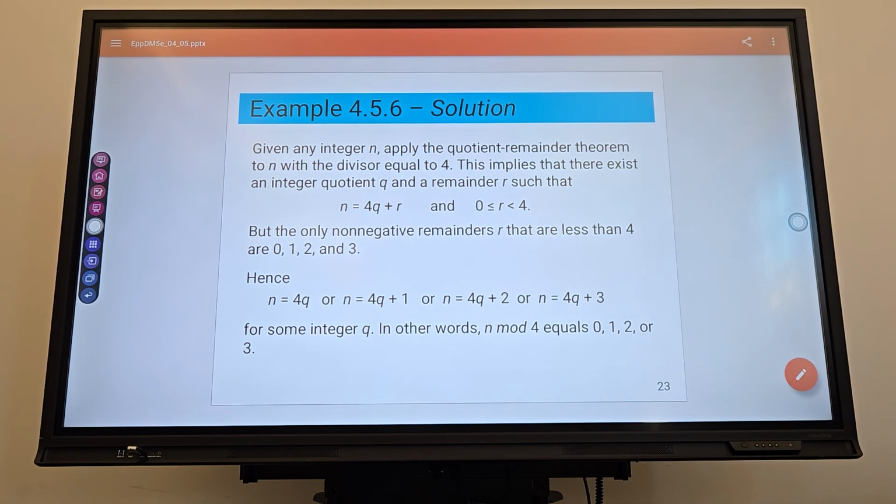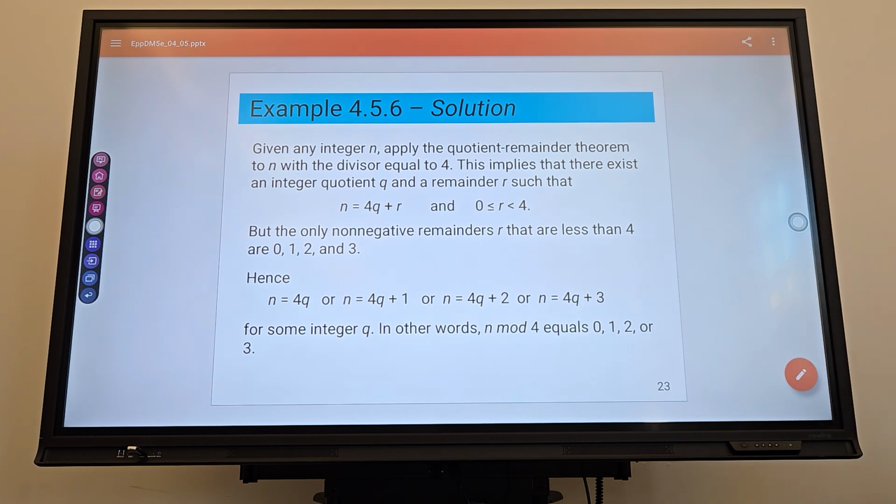Given any integer n, apply the quotient remainder theorem to n with the divisor equal to 4. This implies there exists an integer quotient q and a remainder r such that n equals 4q plus r, and r is less than 4 but greater than or equal to 0.